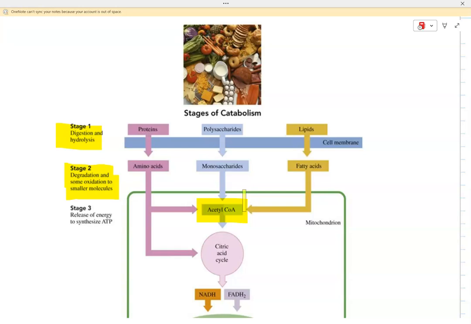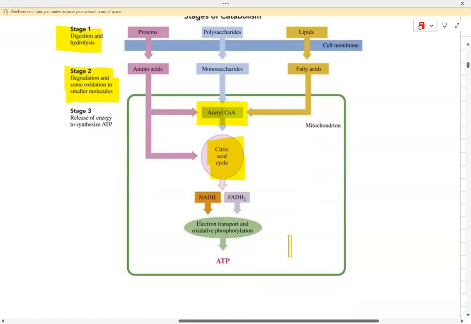And this acetyl-CoA enters the citric acid cycle where it's completely oxidized to carbon dioxide, eventually water. Well, the citric acid cycle and electron transport chain. So the energy that you get from that oxidation is used to generate ATP. Does that make sense to you?